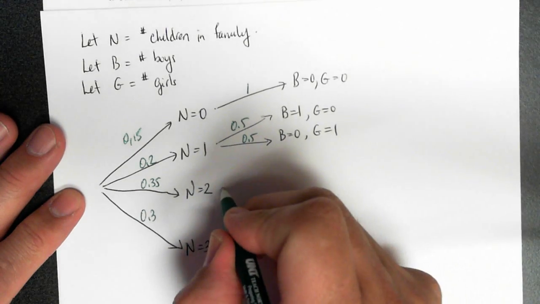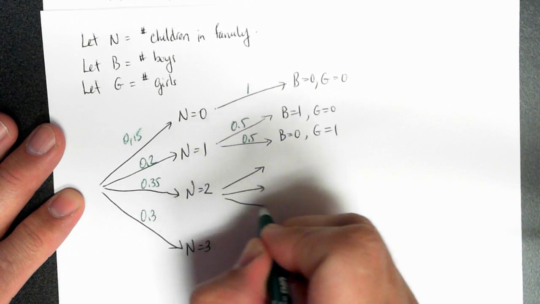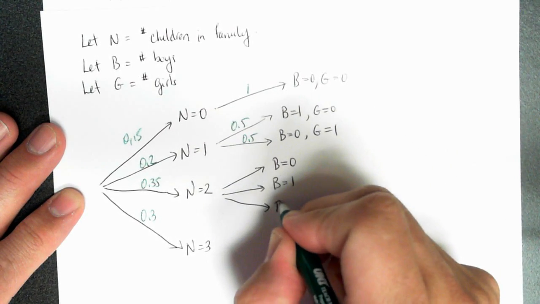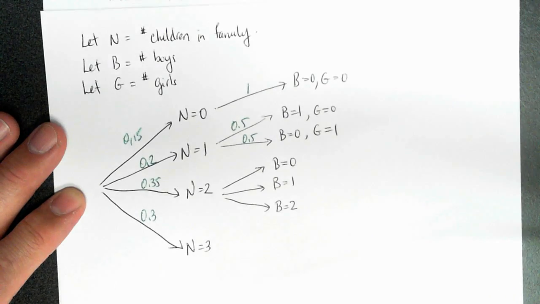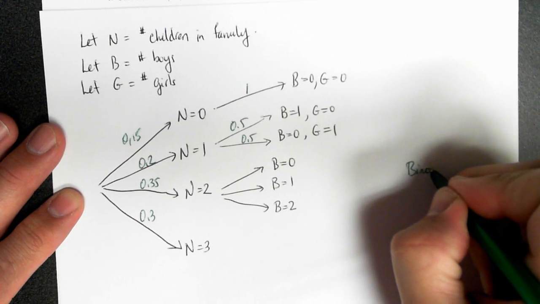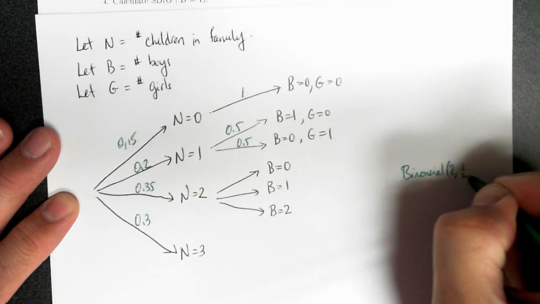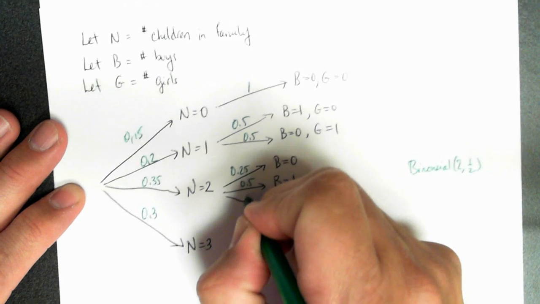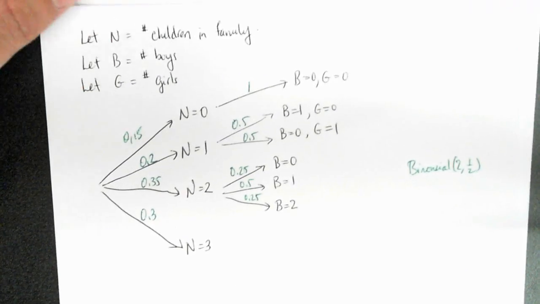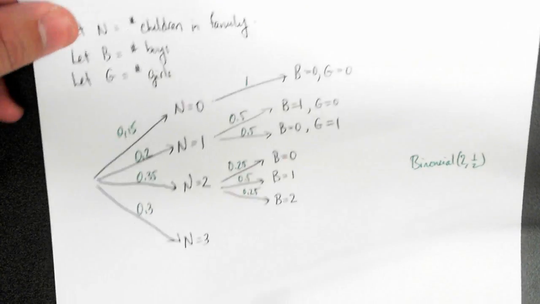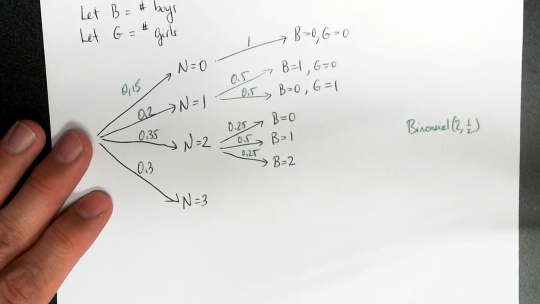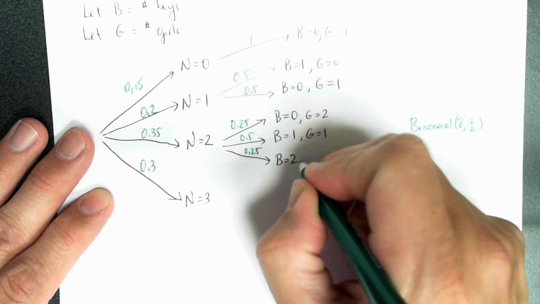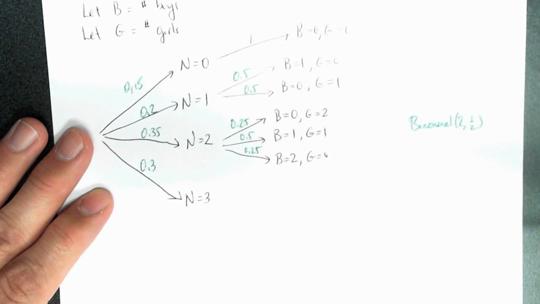If there are 2 children, the number of boys follows a binomial distribution with parameters 2 and 1/2. The probabilities are 0.25, 0.5, and 0.25. If there are 0 boys, there are 2 girls; 1 boy, 1 girl; 2 boys, 0 girls.